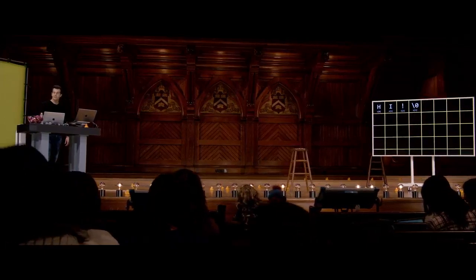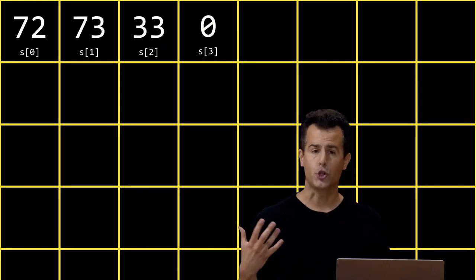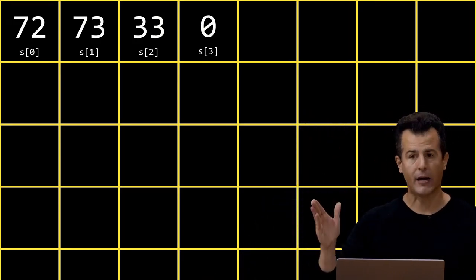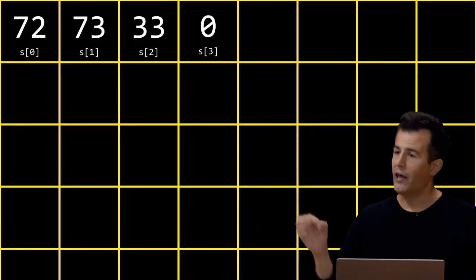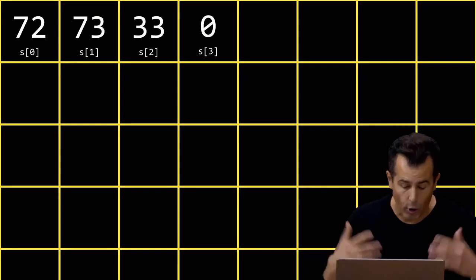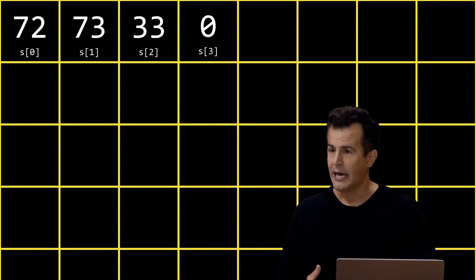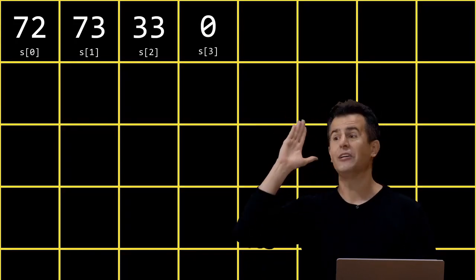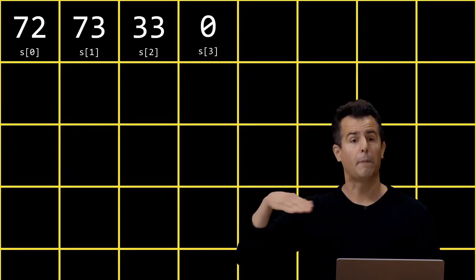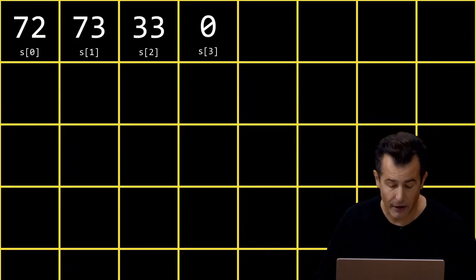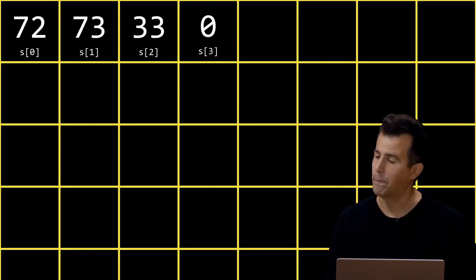In fact, if we convert this again to those integers, what's literally stored in the computer's memory is going to be 72, 73, 33, and now a 0. And the computer, because of C and how it was invented, is smart enough to know that when you print out a string, it prints out every character until it sees a 0, and then it stops printing. In particular, printf knows how this works. And this is why printf knows when to stop printing.